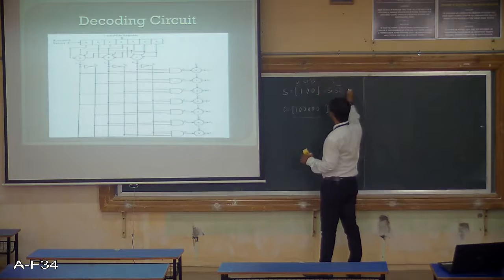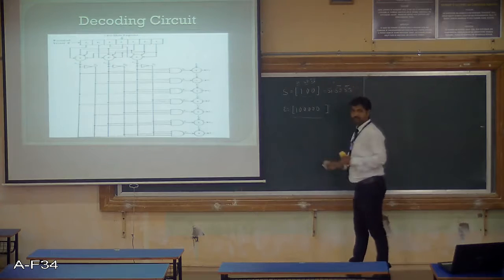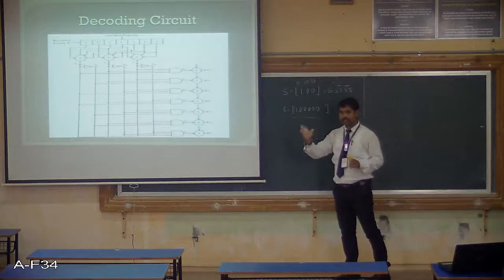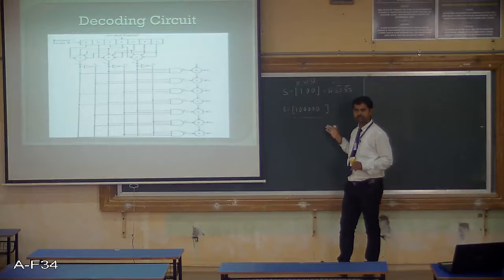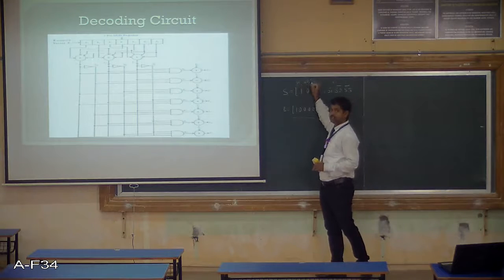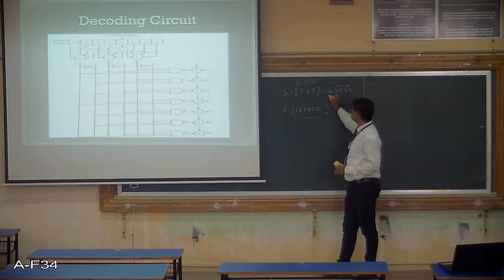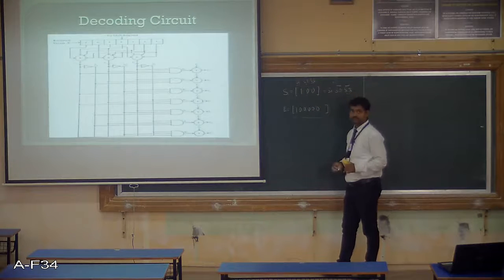This 0 indicates S3 bar. So S1, S2 bar, S3 bar. Just the binary representation I converted into some kind of notation.